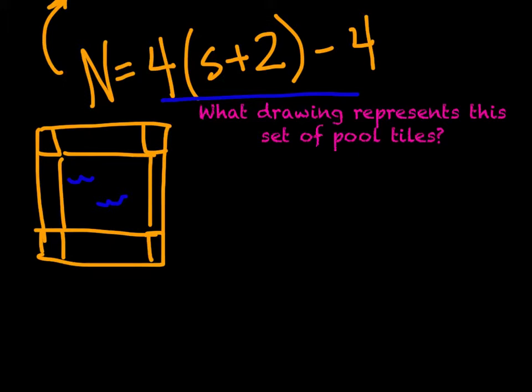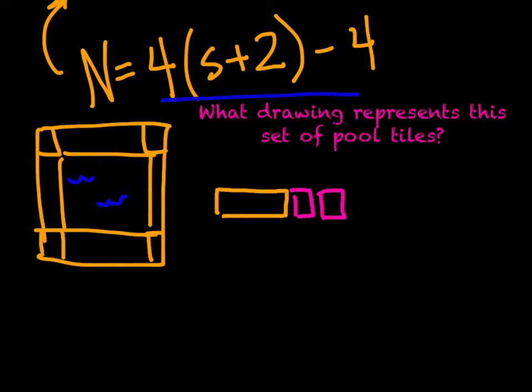And if I were to look at this, I see this concept of s plus 2. So we'd have s and then 2 individual tiles. That shows me s plus 2. But what I also see is it says we have 4 groups of those.